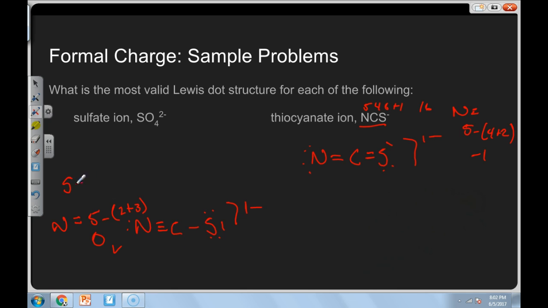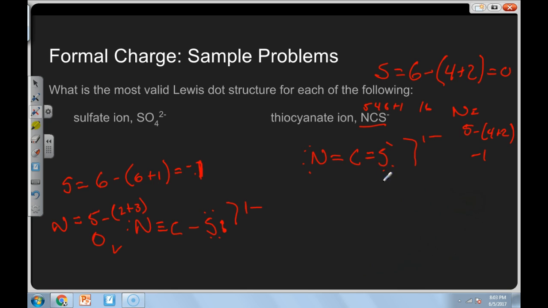On this side, the sulfur atom is 6 minus, and then this is a pair of electrons, so that's going to be 6 minus 7, and that equals -1. And here the sulfur equals, I know it's messy and sloppy, because it has 6 valence electrons, minus 4 plus 2, this is equal to 0.